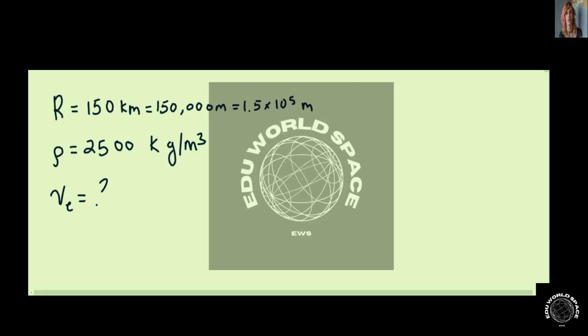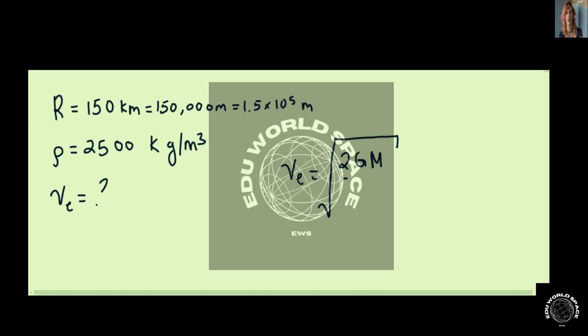So in the book, there is an example which goes through the derivation of the formula for escape speed. This is example 12.5, and the formula looks something like this.